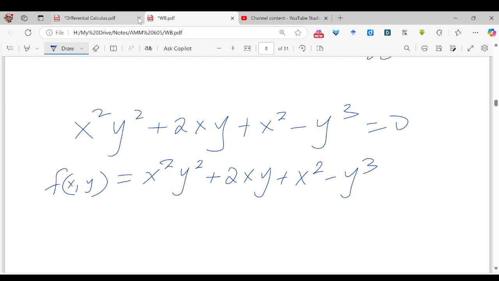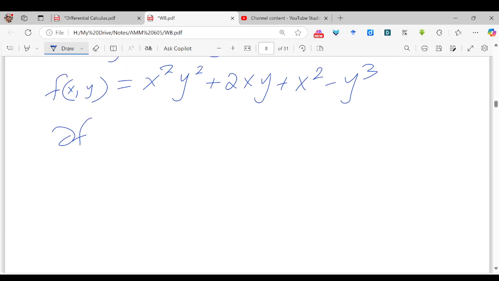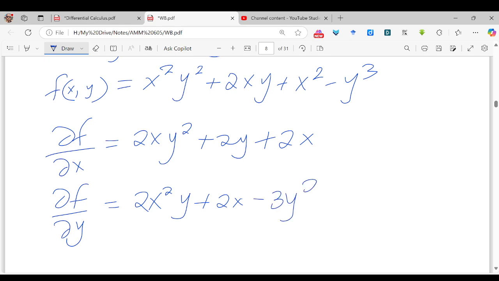We differentiate f partially with respect to x, which gives us 2xy squared plus 2y plus 2x. And differentiating f partially with respect to y, we get 2x squared y plus 2x minus 3y squared.